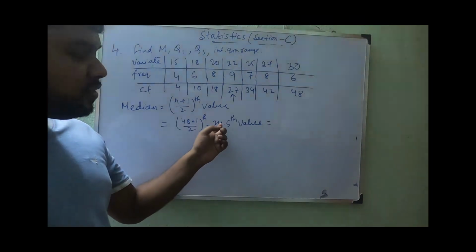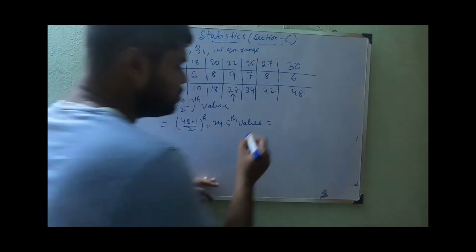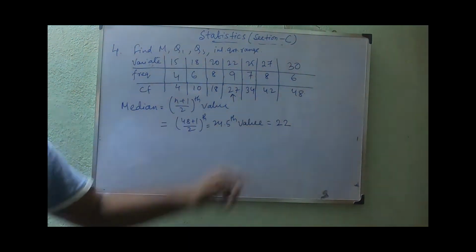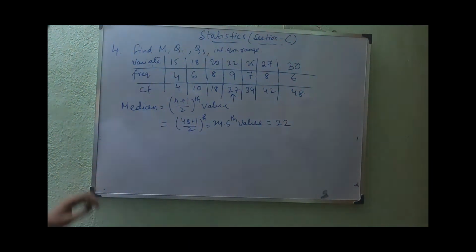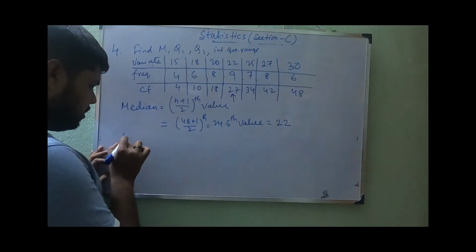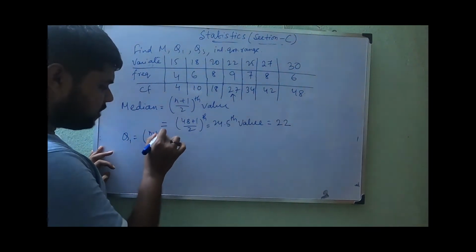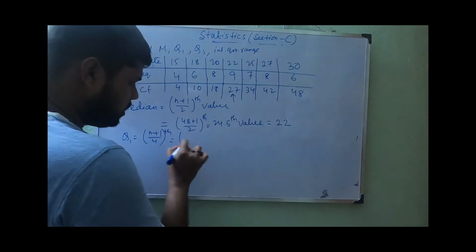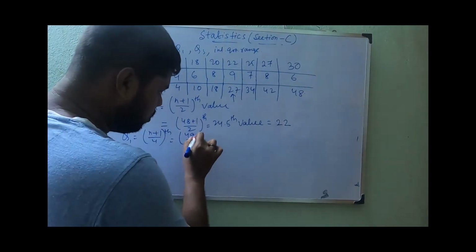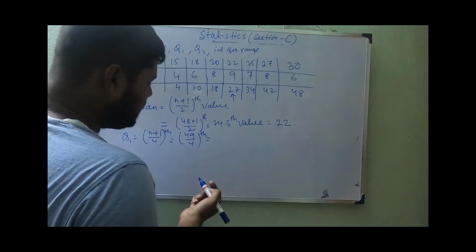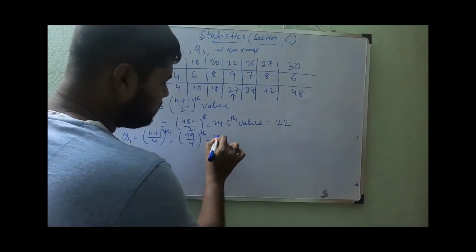So therefore the 24.5th value is also going to be 22. So therefore your median is 22. Then Q1, that is n plus 1 by 4th value. So that is 49 by 4. 48 by 4 would have been 12. So 12.25.